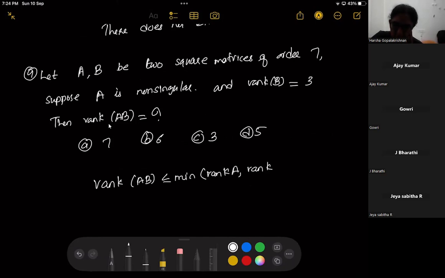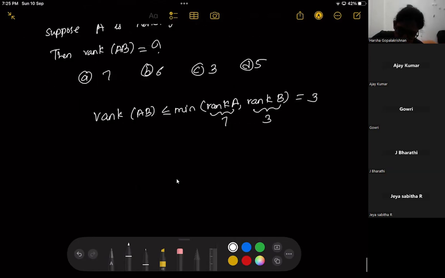Rank of A is 7, rank of B is 3. Since A is non-singular, rank of A is 7 and rank of B is given as 3. So the minimum of rank of A, rank of B is 3.